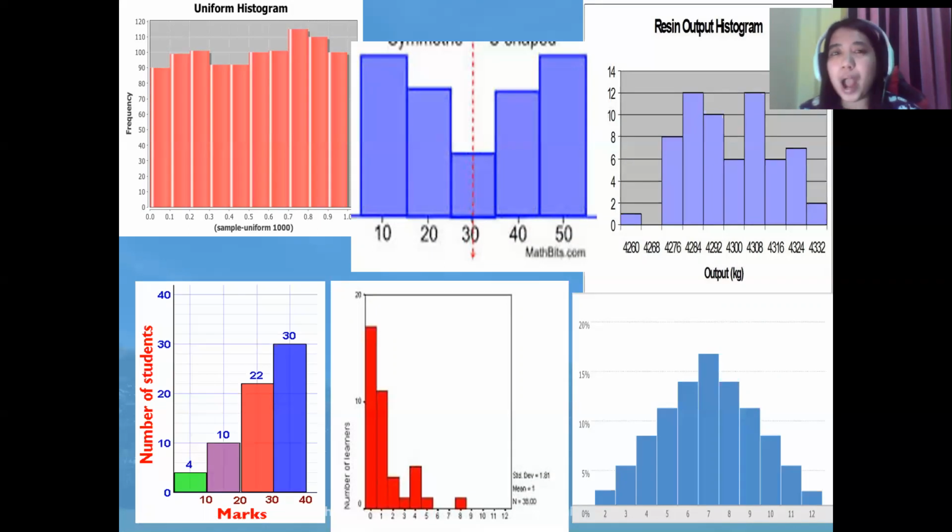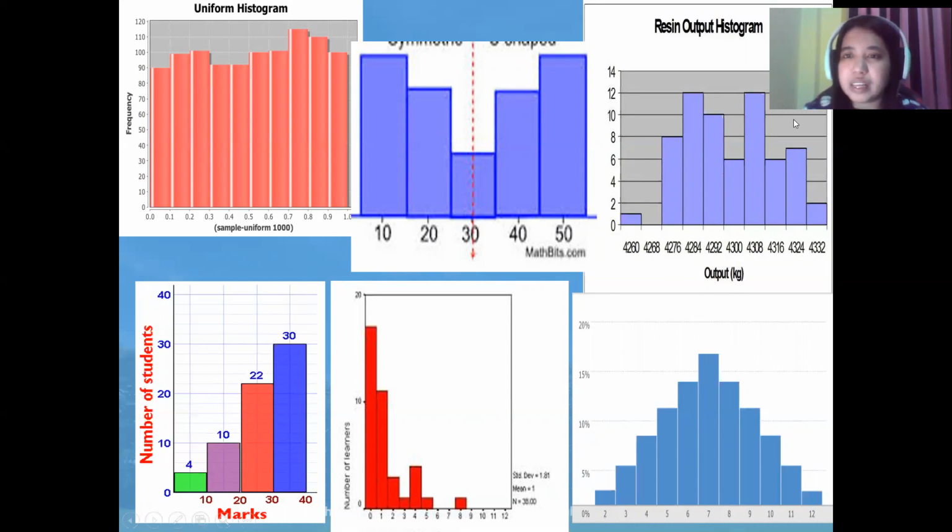While if we have two highest frequencies, we call it bimodal. If we have three or more highest frequencies, of course, we are referring to the same frequency, and so we call that multimodal in general. So the J shape and inverse J shape here, and also the last figure, are called unimodal.